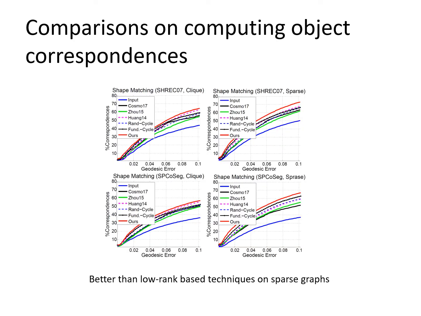We also tested this on the standard benchmark for computing dense correspondences between geometric objects. The state of the art has been using low-rank matrix recovery techniques. Here we show that for various sparse graphs, enforcing the consistency, or invariance, along path pairs has the advantage over convex or non-convex relaxation techniques.